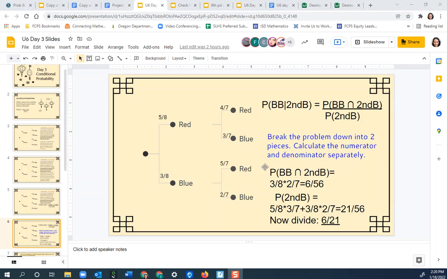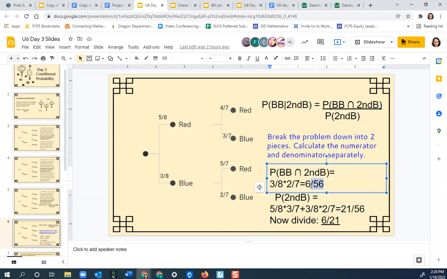And then for the denominator, we want the probability that the second one is blue. And so there's two options here. It might be blue-blue or it might be red-blue. And that's why we added these two together. So we've got 5/7 times 3/7, that's the red-blue. And we've got 3/8 times 2/7, that's the blue-blue. So this is our numerator here. And this is our denominator here.